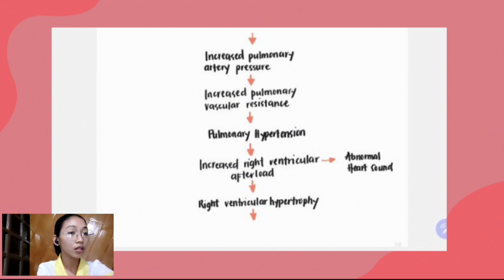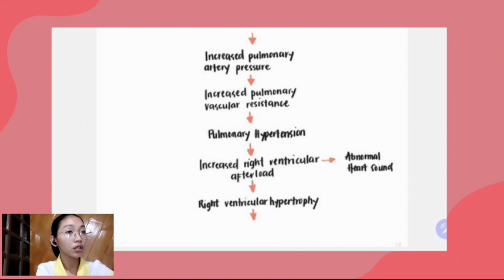So this also accentuates the pulmonic valve closure during the right ventricular ejection, which causes abnormal heart sounds. So this will eventually lead to ventricular hypertrophy, wherein the right ventricular wall thickens in response to pressure overload.